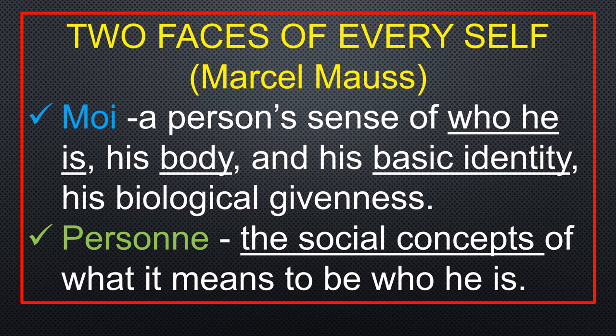And the totality of that could explain your personality. Okay, it will now explain the totality of who you are. So that is the moi and persona, as explained by Marcel Mauss, meaning these things are important in the concept of human behavior because you should be behaving according to your basic identity. That is the idea. Okay?